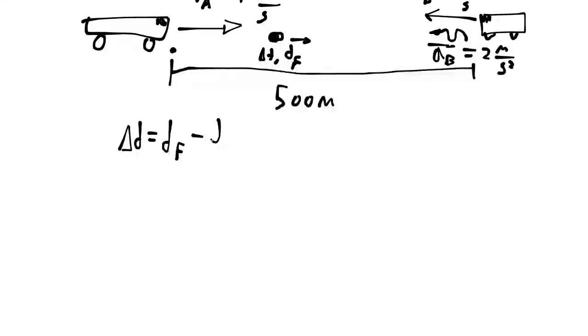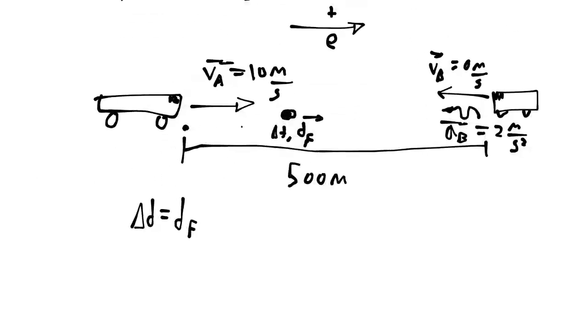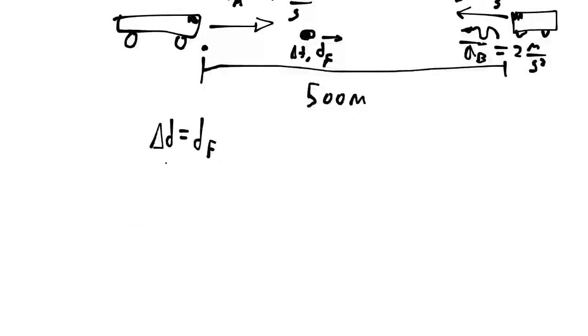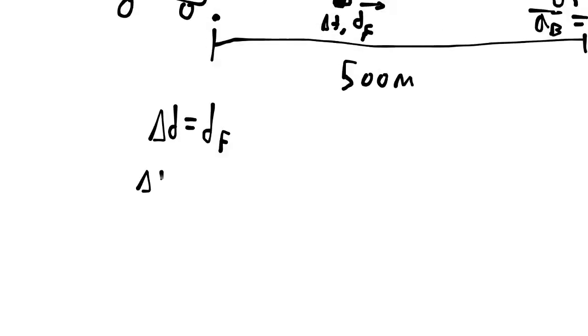Because you have to subtract the initial position, but there is no initial position, it's 0. And then delta d, you can just use simple kinematic equations, so it's just going to be time multiplied by velocity. So we'll say delta t and then VA is going to equal final position.